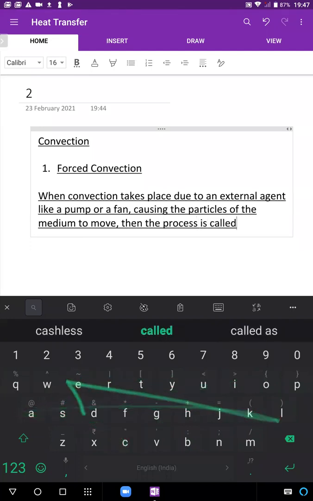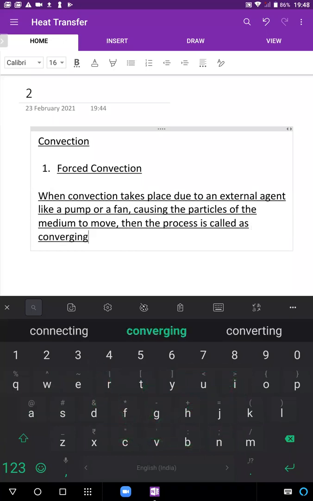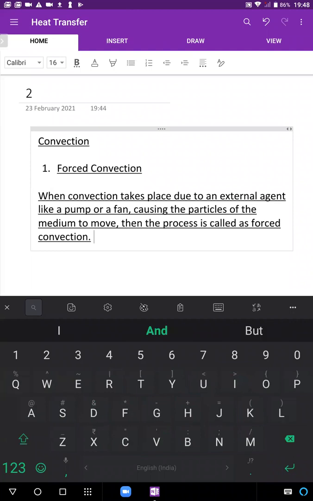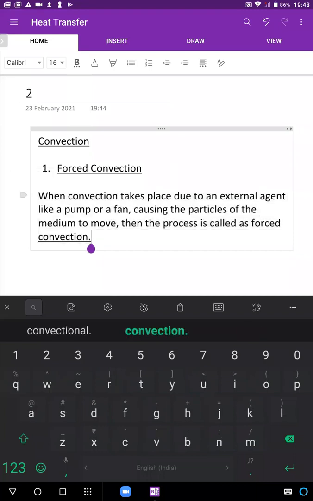So it's a very simple idea, like we mentioned, that in convection you basically have particles moving from the hot end to the cold end. So what is making the particles move?